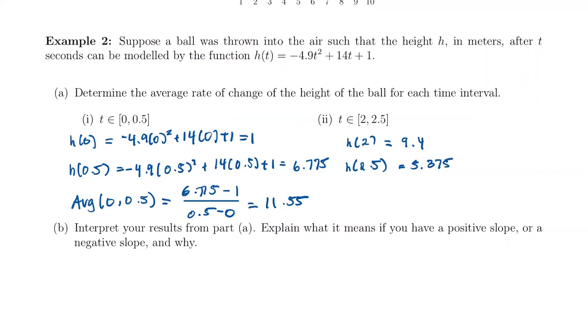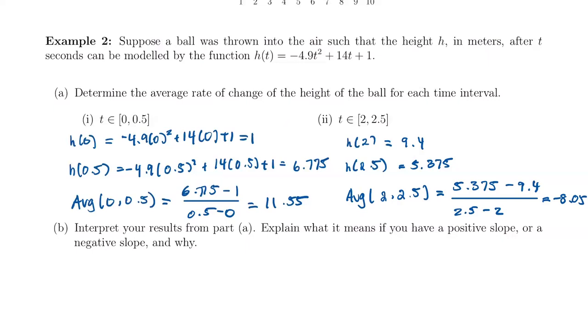So that means the average between 2 and 2.5 is simply going to be 5.375 minus 9.4, divided by 2.5 minus 2. You would get an average of negative 8.05. So those are the two slopes that we have.